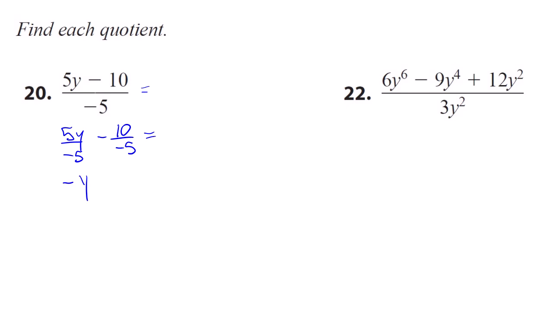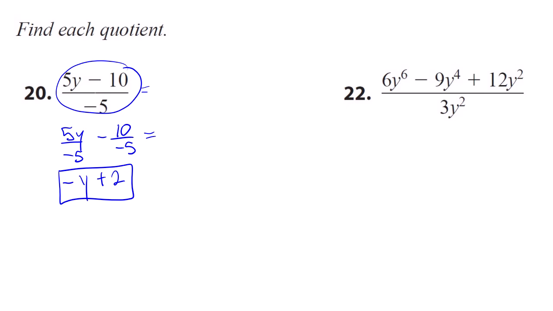All right, and then I have -10 divided by -5, which is +2. So there's the final answer, -y plus 2. And that's what we get when we divide 5y minus 10 divided by -5. All right, so basically just distribute the monomial denominator to each of the terms in the numerator, right?